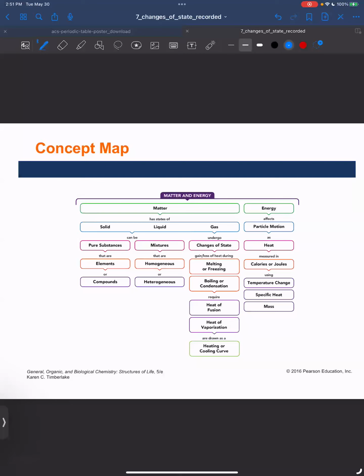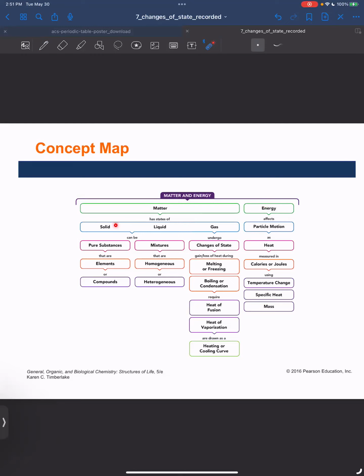All right, so this will wrap up this unit on matter and energy, and below is a concept map, but I encourage you to create your own concept maps, to organize everything we've learned, whether it's definitions or calculations, in a way that makes sense to you. But let's review this concept map here. So in this unit, we've learned the difference between matter and energy and their definitions.